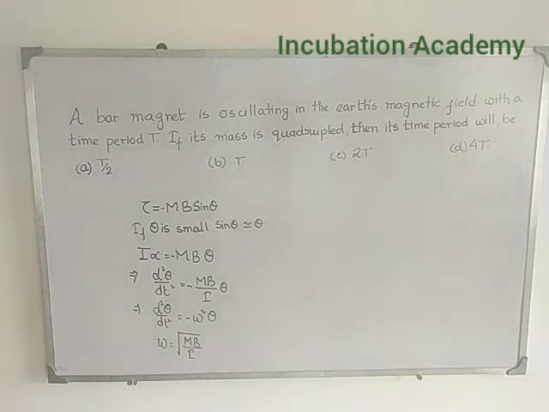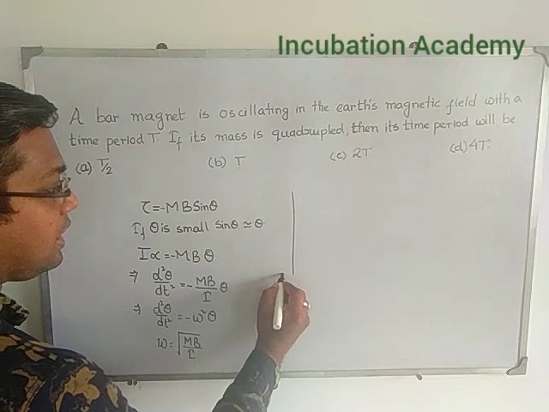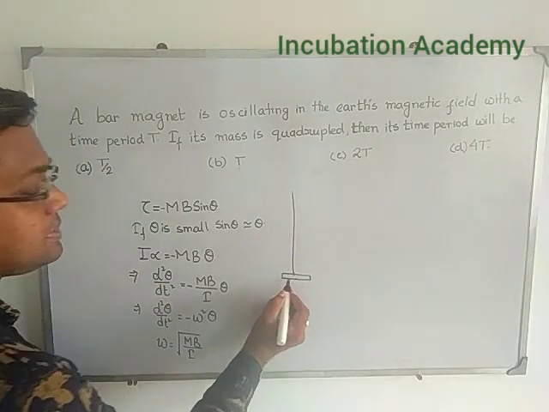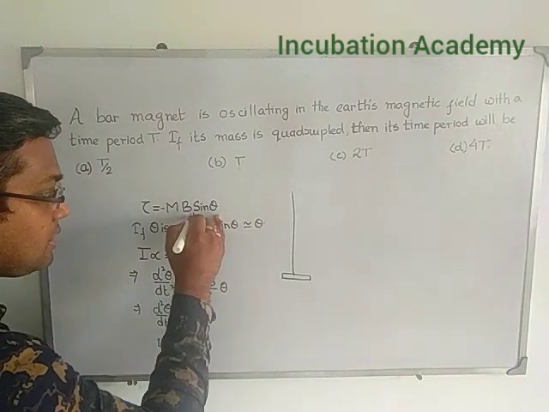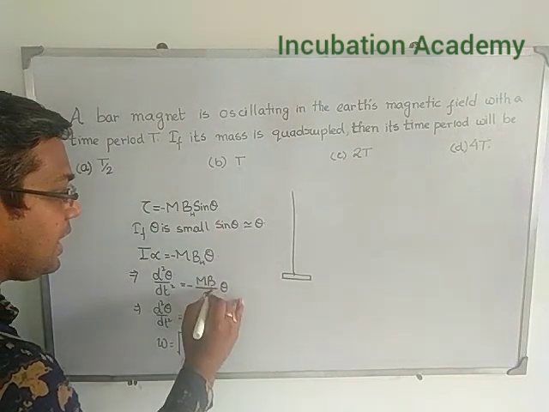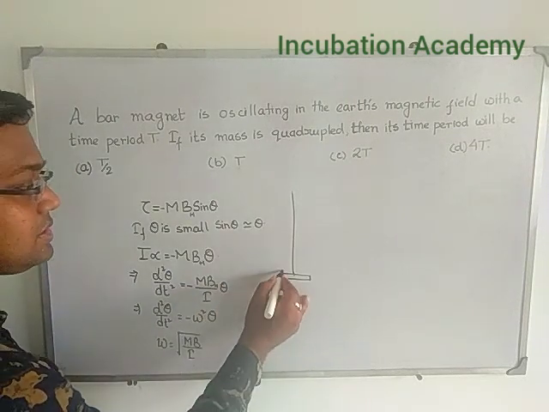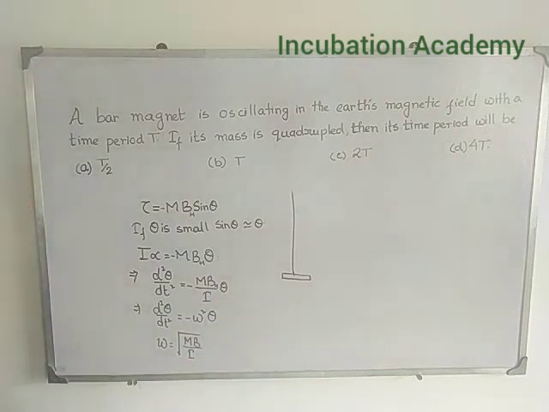And the magnetic field in which the magnet oscillates, if it is suspended from here, is basically the horizontal component of the Earth's magnetic field. So here I can write BH also.